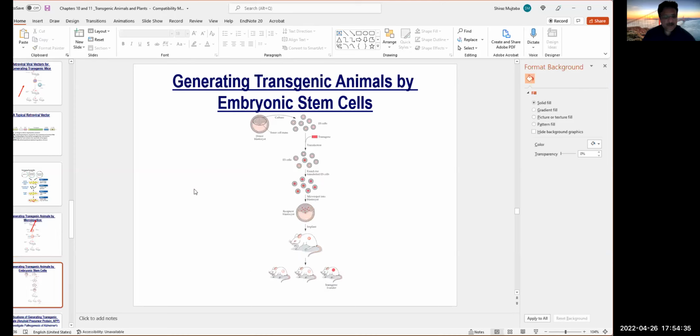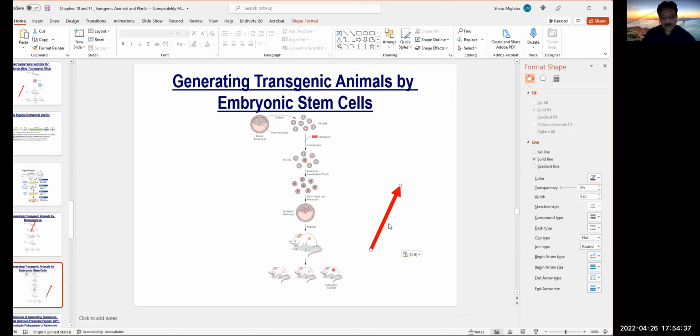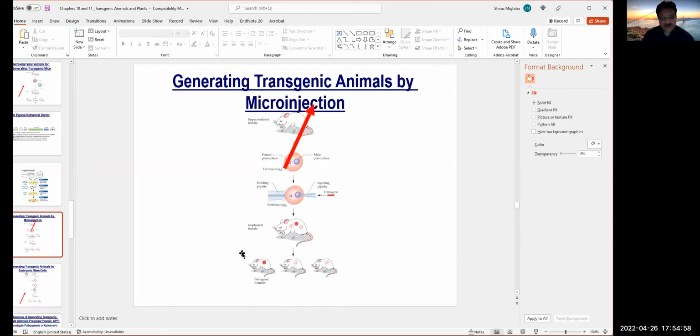I will give an example. Again, the third approach could be to take out the embryonic stem cells, modify the gene through transgenic transformation, and then put back the transformed mice embryonic stem cells at the blastocyst stage, and then the mice will develop. So there are three strategies that I just mentioned.